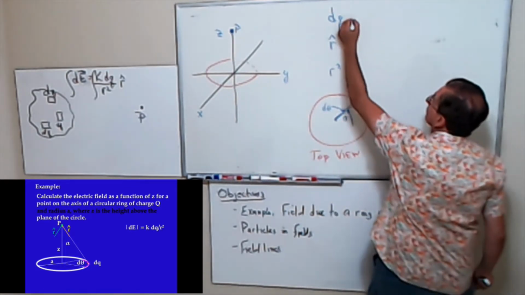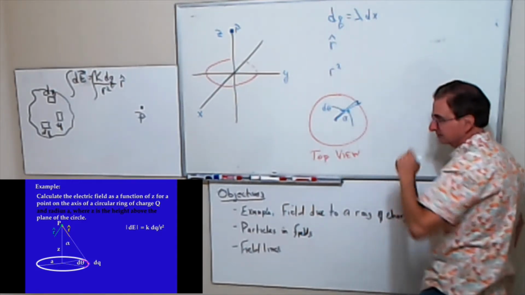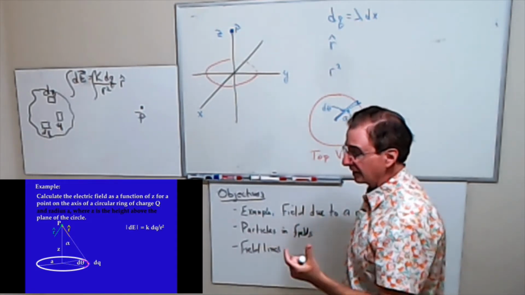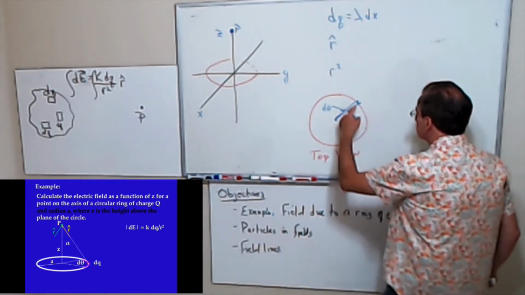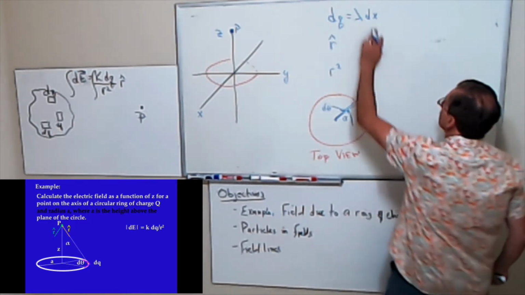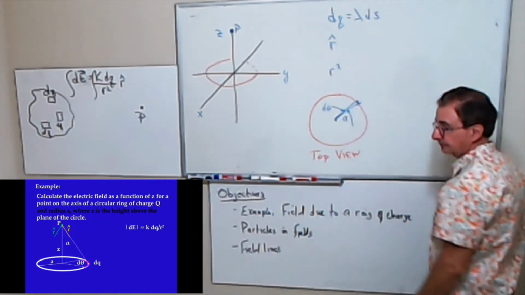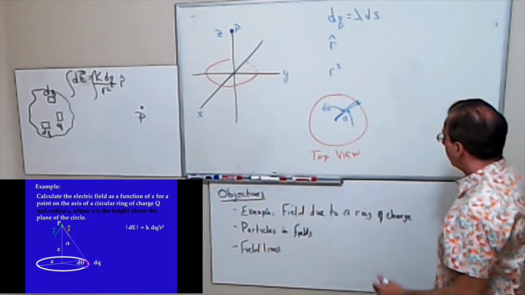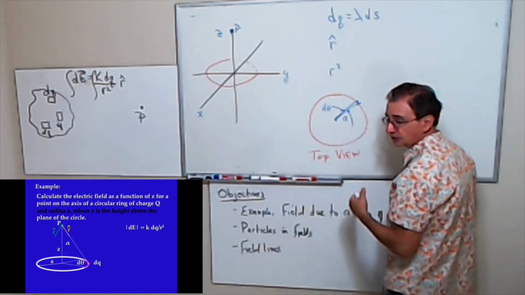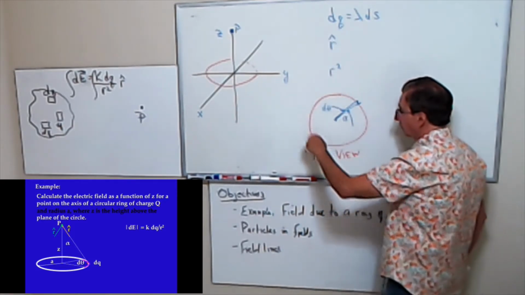We know that dq is lambda dx, which I can't really write x in this particular case, but I want to write s because really this element of length is an arc length. And so I'm going to write it as ds. And if the charge density is uniform and the total charge is q, then the charge density is the charge over the length of this ring.